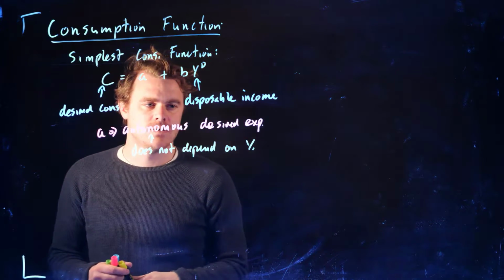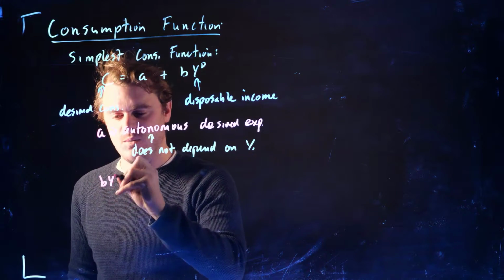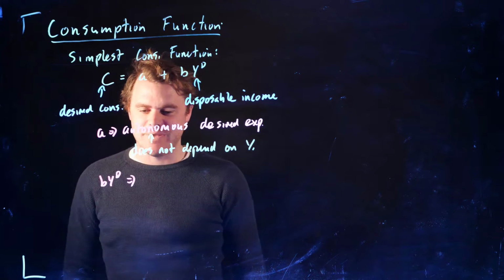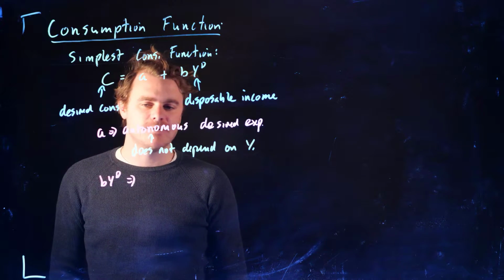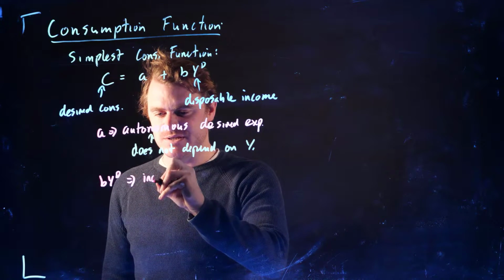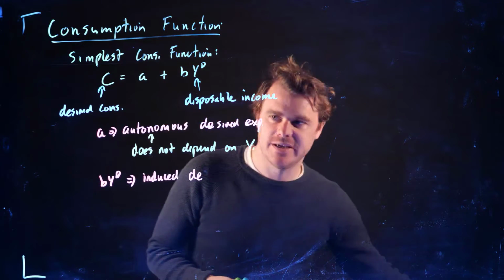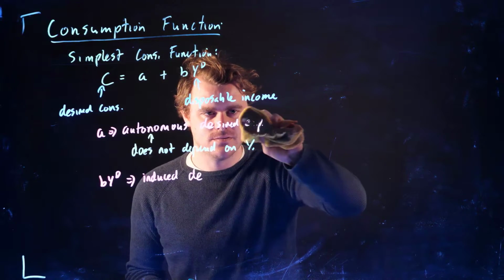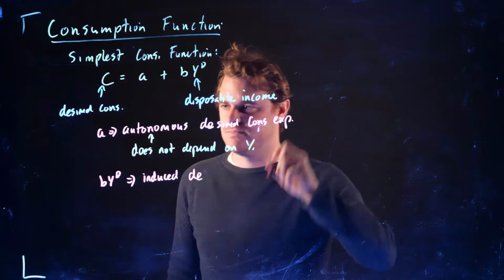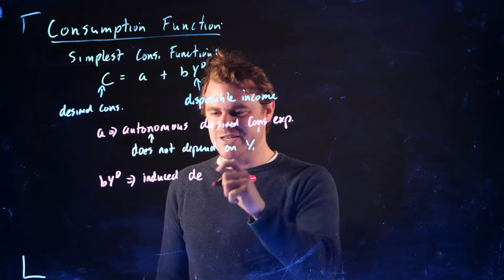And then B times YD, we'll talk a bit more about what B actually represents in a couple seconds, is induced desired consumption expenditure. I should be careful to specify that it's consumption expenditure I'm talking about here, which is part of desired aggregate expenditure.